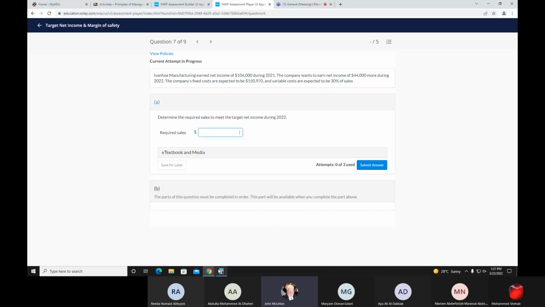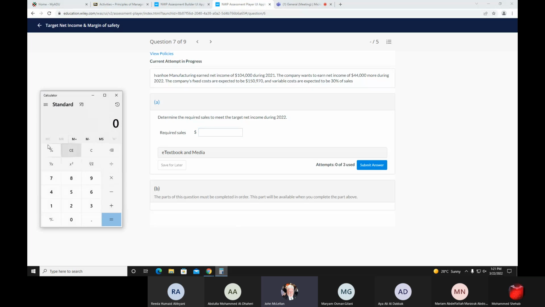The company wants to earn a net income of 44,000 more during 2022. The company's fixed overhead is this, and the variable cost ratio is 30%. So if the variable cost ratio is 30, what is the contribution margin ratio? 70. Right. So now, total the target net income, the net income they had last year, plus what they want this year.